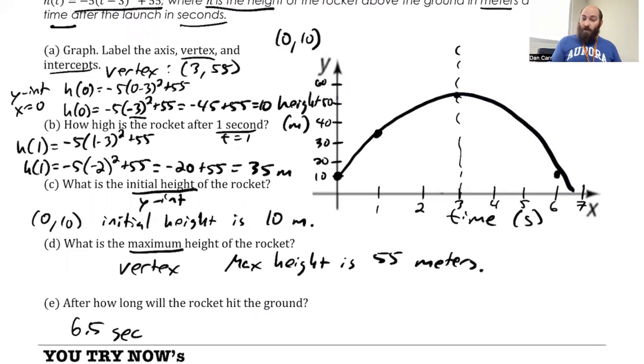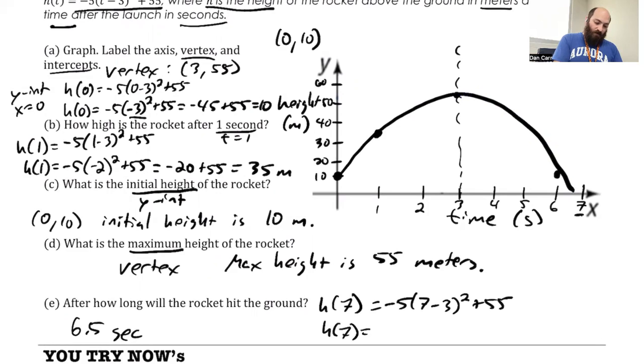If I want to confirm that, let's try h of 7. If I plug in h of 7 here, either I'm at 0 or a negative number. If it's still a positive number, then it hasn't quite reached the ground yet. So h of 7 will look like -5 times (7 minus 3) squared plus 55. 7 minus 3 is a 4. 4 squared is 16.